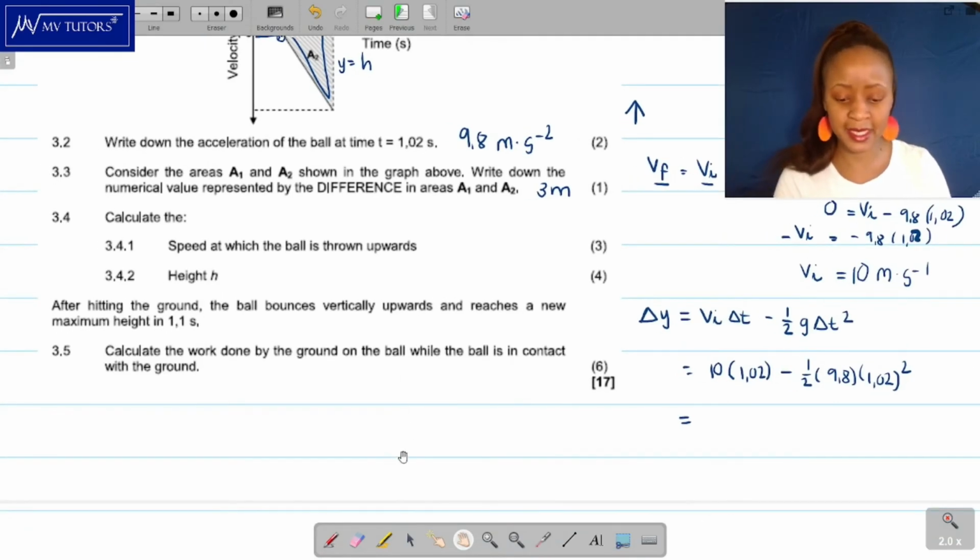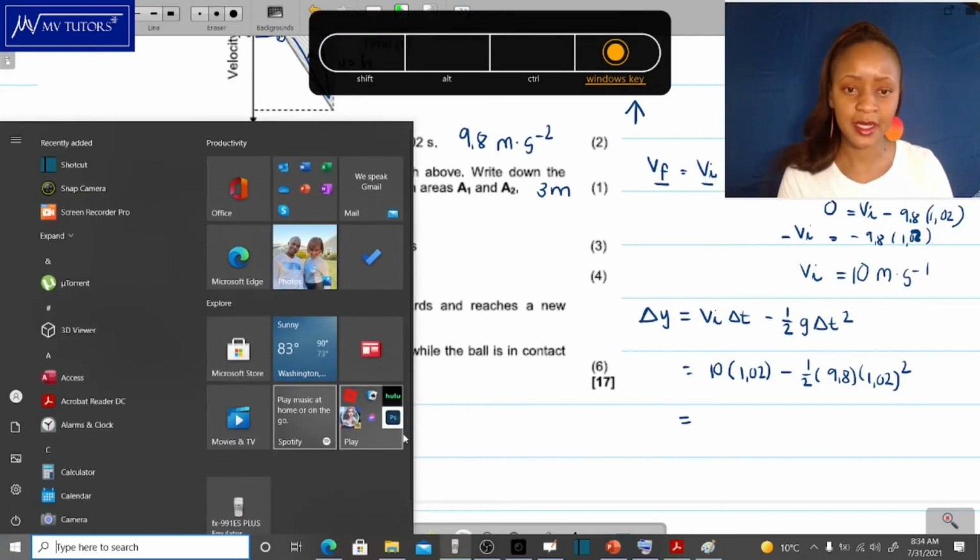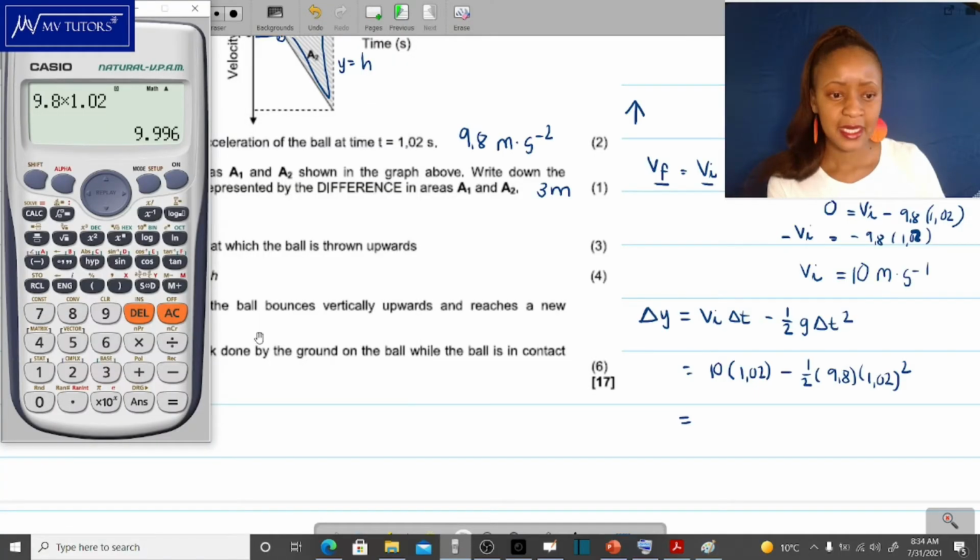So we're going to plug this in the calculator. I'm going to use 10 times 1,02 minus 0,5 times 9,8 times 1,02 squared.